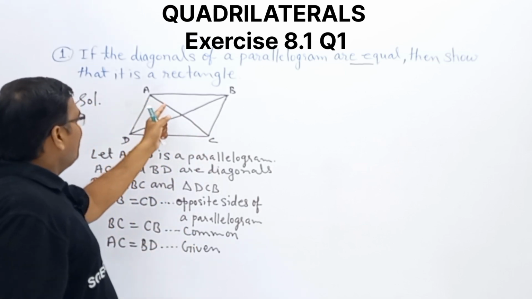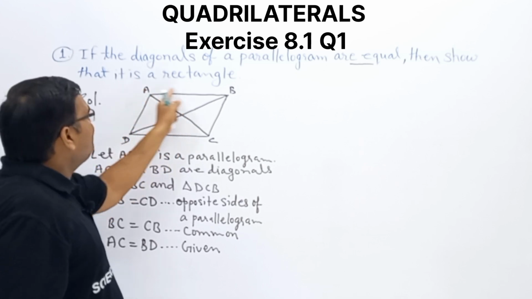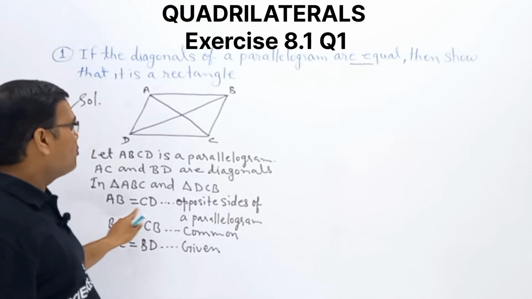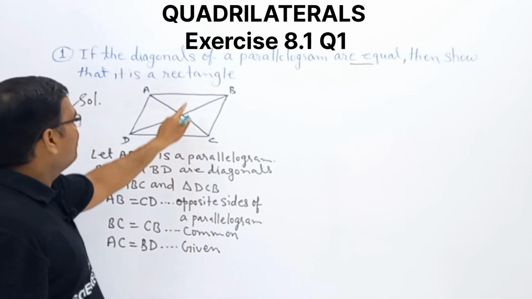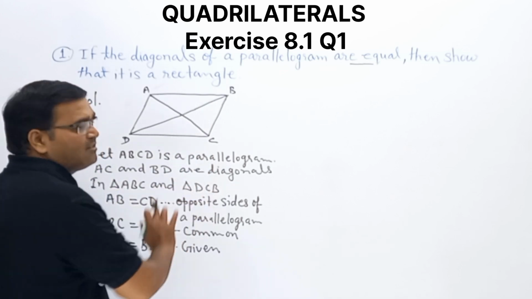For the parallelogram, opposite sides are equal, so AB equals CD. In both triangles, BC is common. And AC equals BD: AC is a side of triangle ABC and BD is a side of triangle DCB.